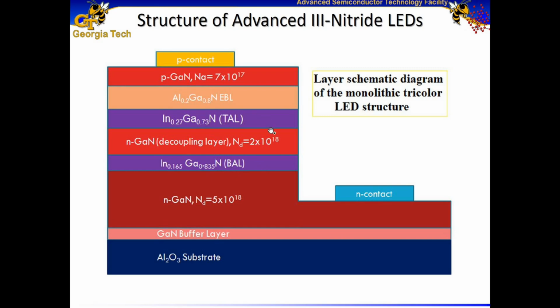And here in this structure, we actually have two active layers, but in the structure that I'm going to simulate, we do not have two active layers. We just have one active layer. So now let me switch to the simulation.